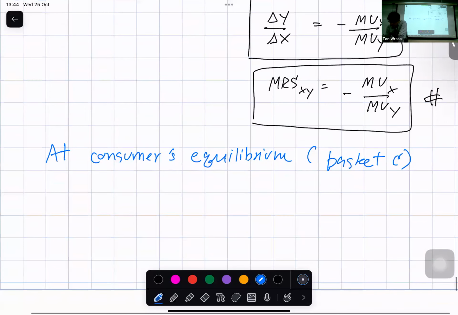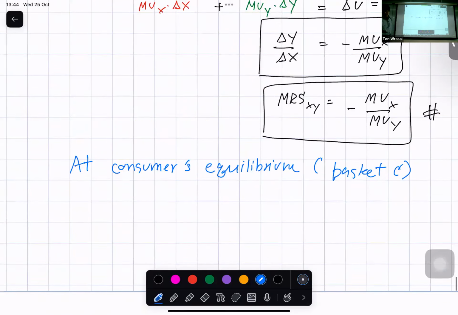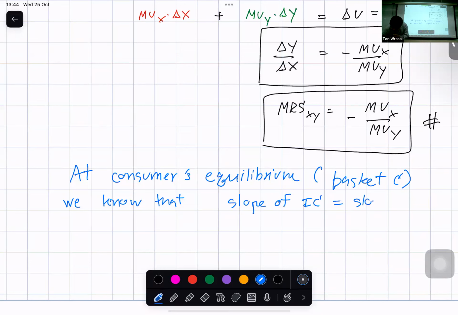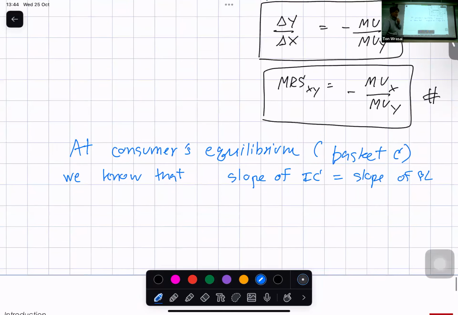At the consumer equilibrium basket C, we know that the slope of the IC and the slope of the budget line are the same.